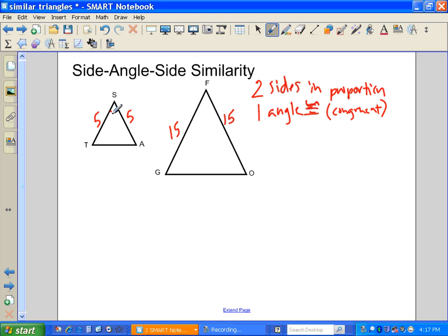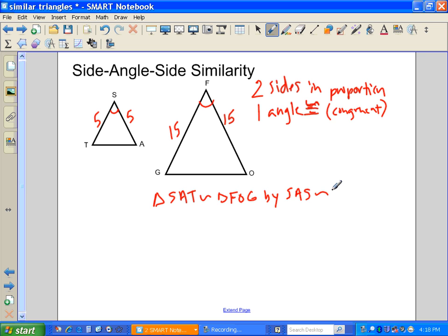And we're going to say that this angle S is congruent to this angle F. So since we have a side and an angle and a side in proportion or congruent to a side and an angle and a side, then we can say that triangle SAT is similar to triangle FOG by side angle side similarity.